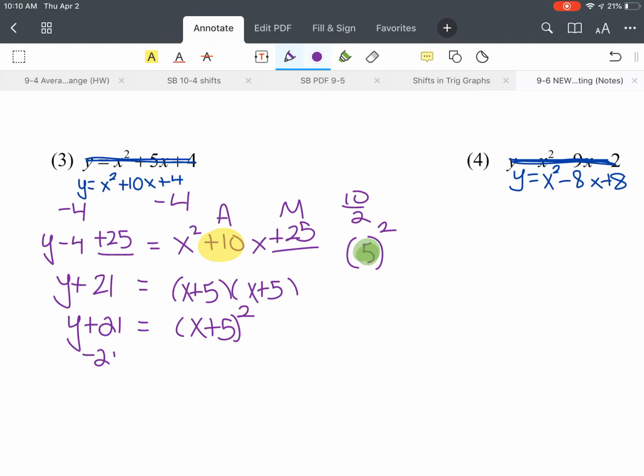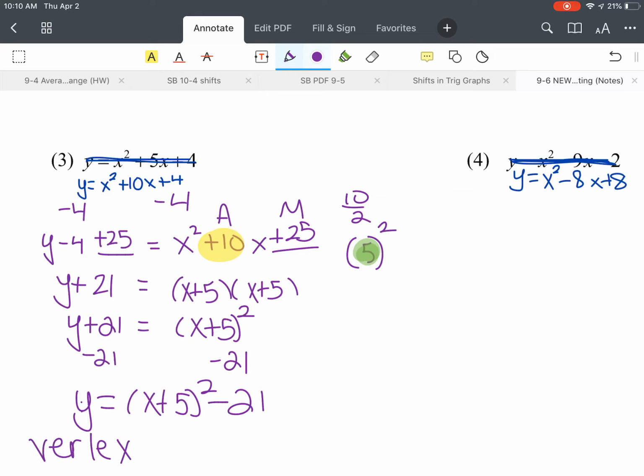Last step, let's move the 21 over. And there we go. So now we can find the vertex. Remember, it's here and here. It's just opposite sign inside the parentheses. So it's x plus 5 squared. So my vertex is negative 5, negative 21.